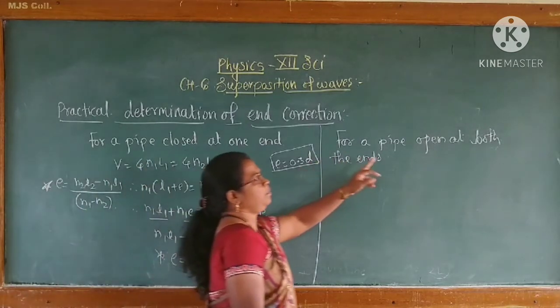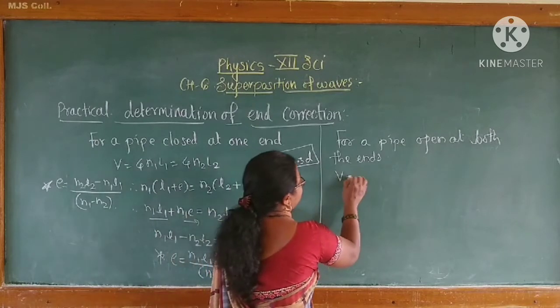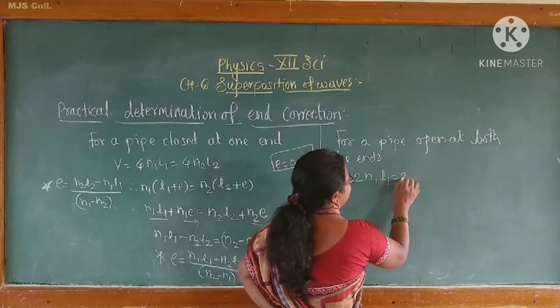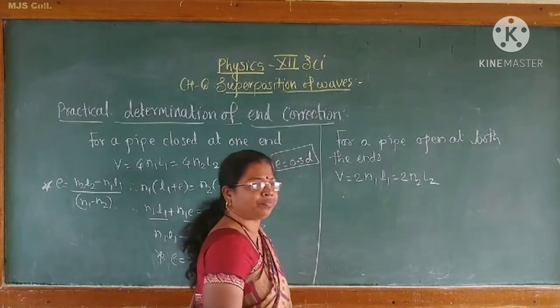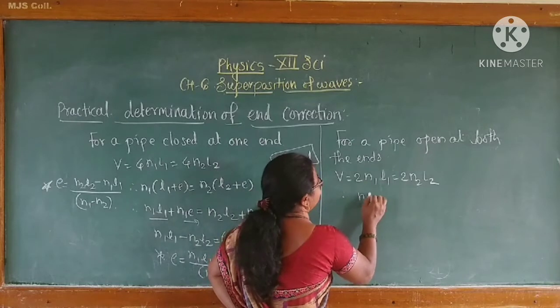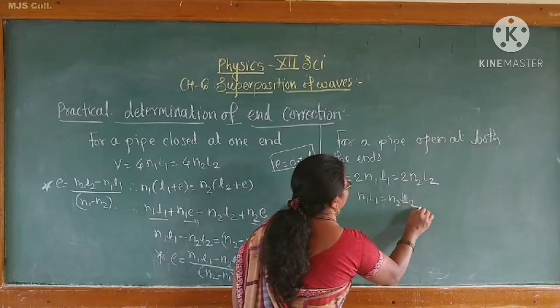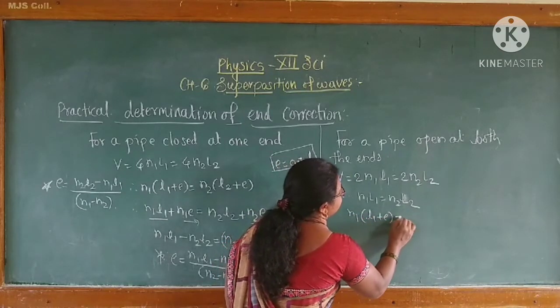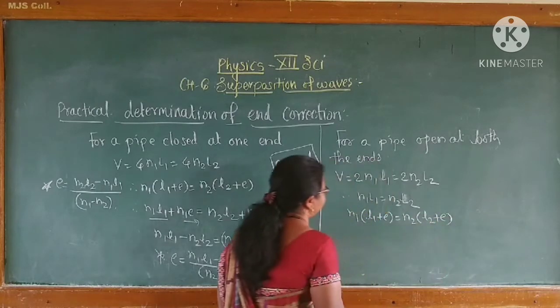Now in case of a pipe open at both the ends, we had seen v is equal to twice N1 L1, which is equal to twice N2 L2. Therefore N1 L1 is equal to N2 L2. But L1 means small l1 plus E, so N1 (l1 plus E) is equal to N2 (l2 plus E).